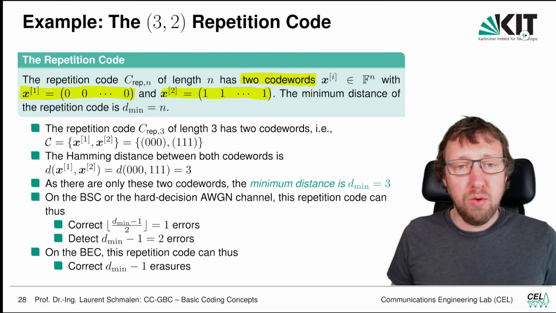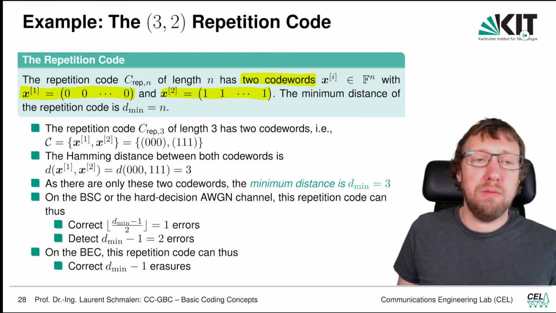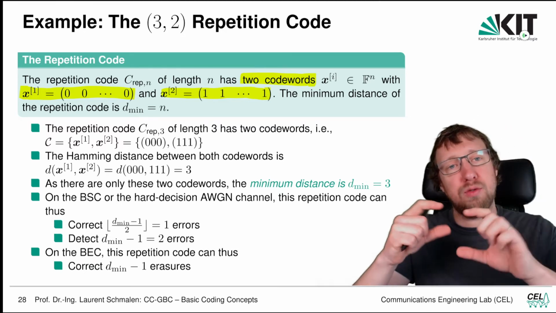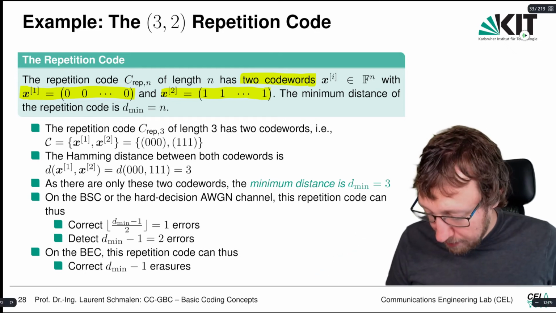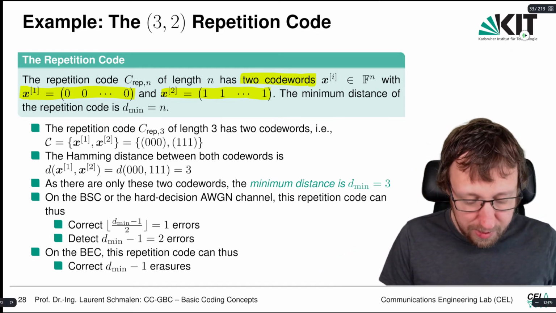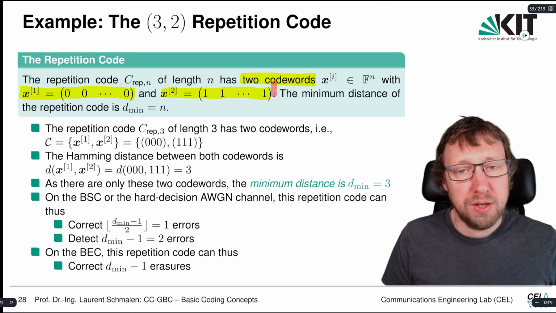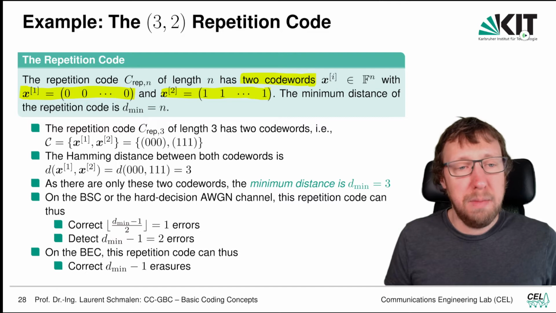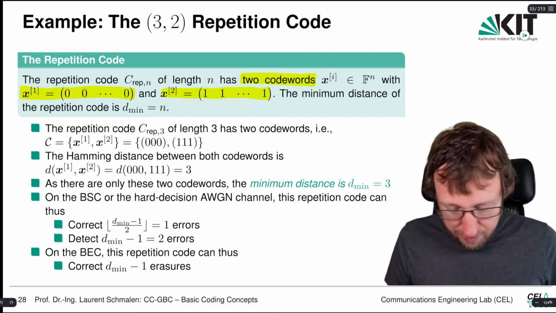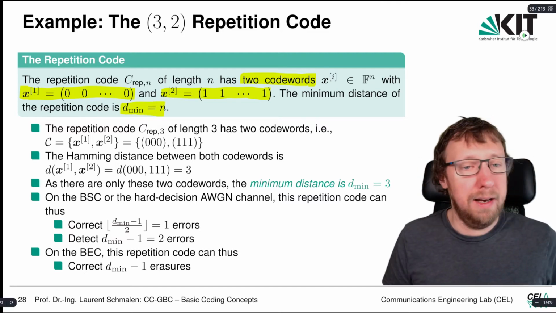So we only have two code words. We can easily compute the minimum distance. We just need to compare these two code words, and we see that they are different in every position. So what this means is that the minimum distance of the repetition code is equal to n.